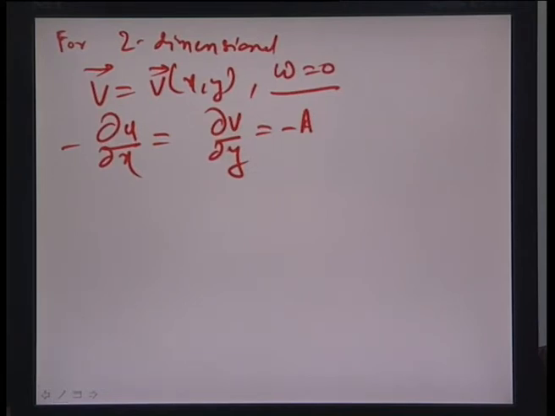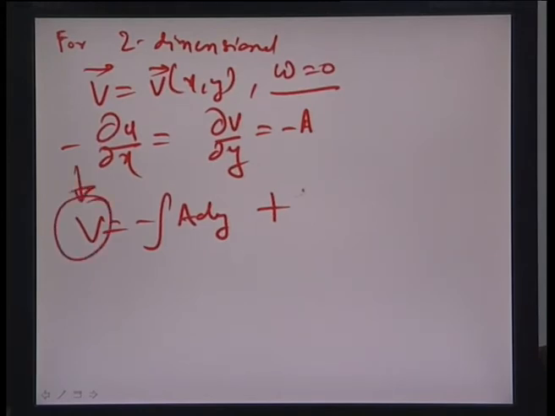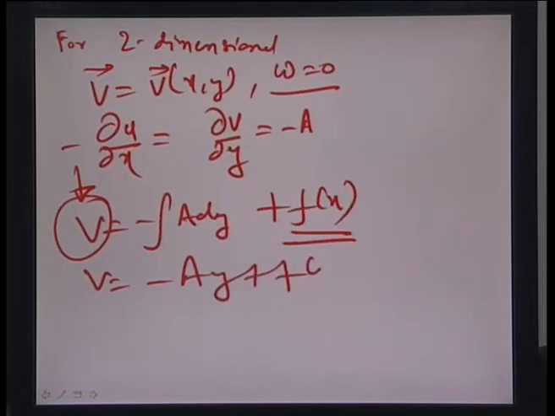As we do that, v is essentially minus the integral of a dy plus some constant, and since this is never varying in the x direction, we can assume a function of x to be constant along the y direction. So, v essentially becomes minus a y plus a function of x.